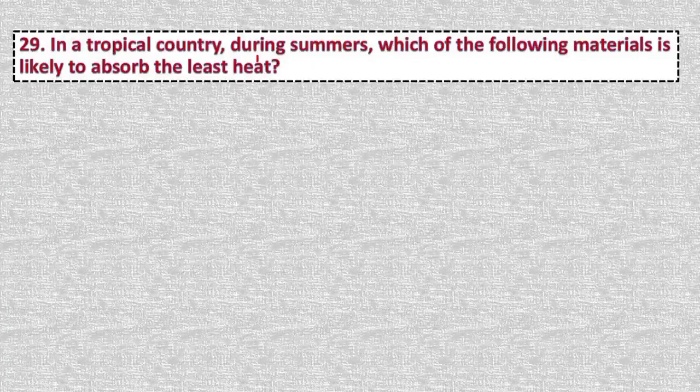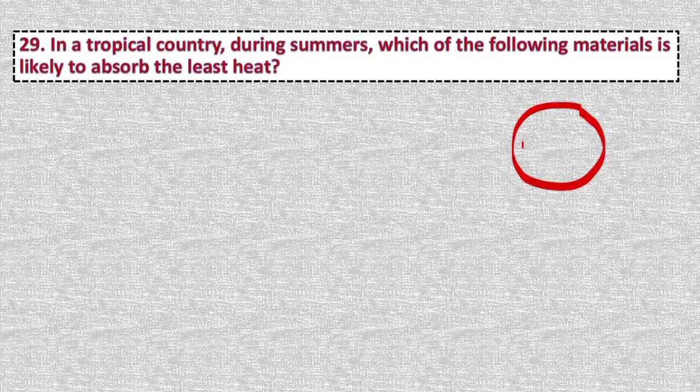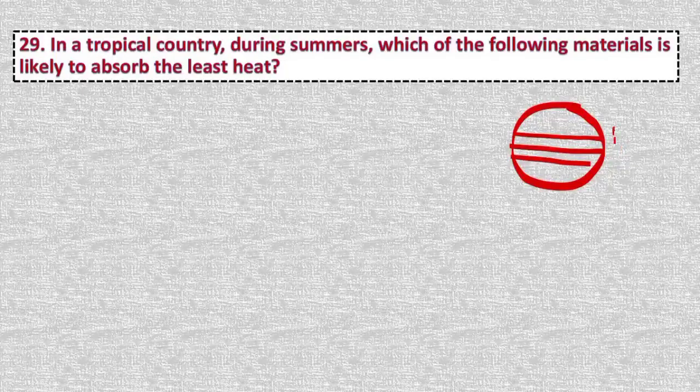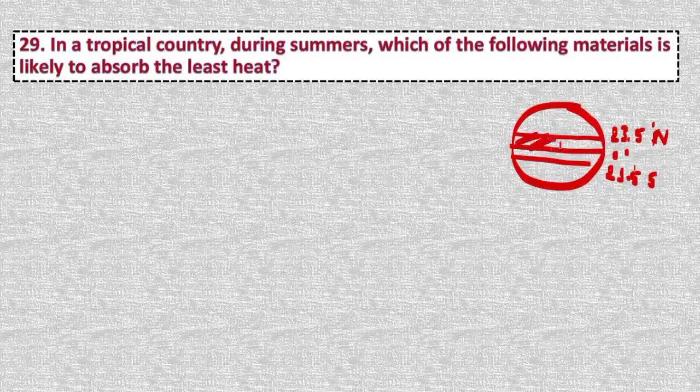Let's move to the next question. In a tropical country during summers, which of the following materials is likely to absorb the least heat? The tropical region is the region just below or above the equator, 23.5 degrees north and 23.5 degrees south. The countries falling between these two lines are called tropical countries.